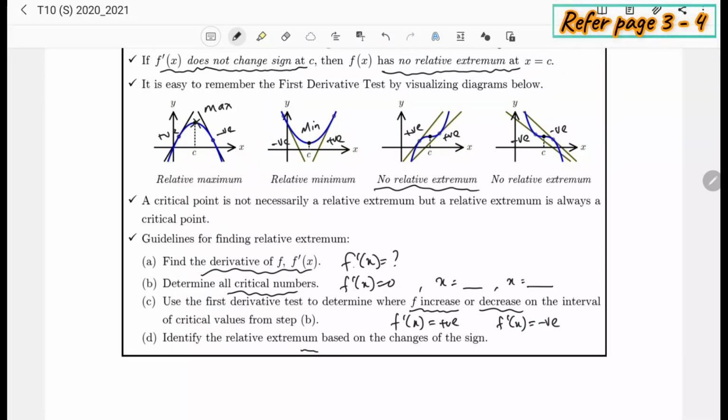Then you look at the relative extremum based on the changes of the sign. So if you have positive to negative, you have a maximum. If you have negative to positive, that will be a minimum point.